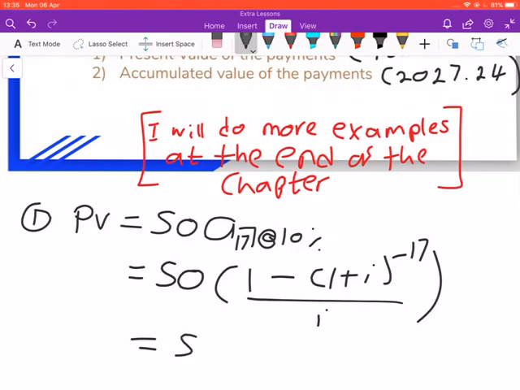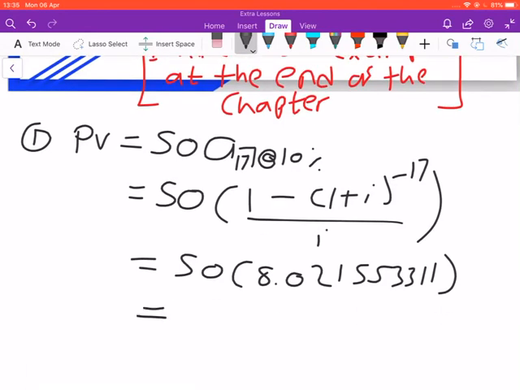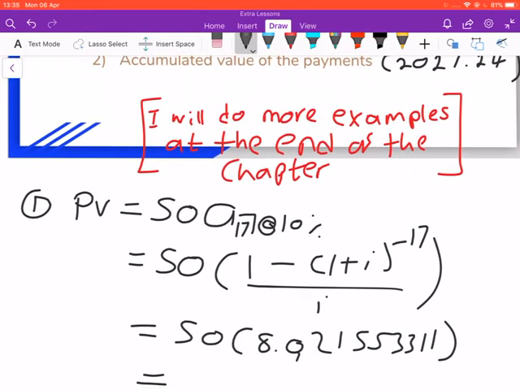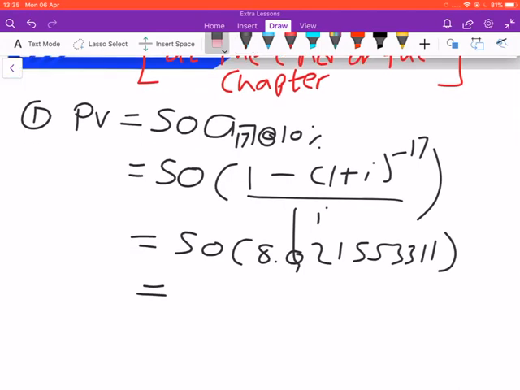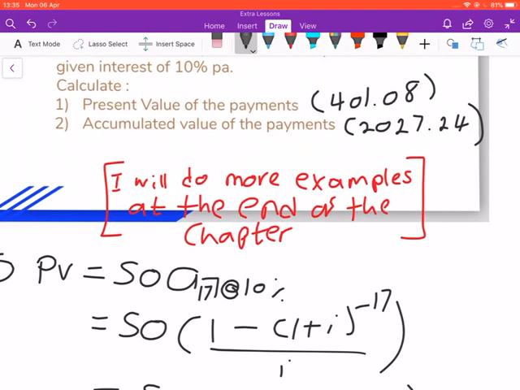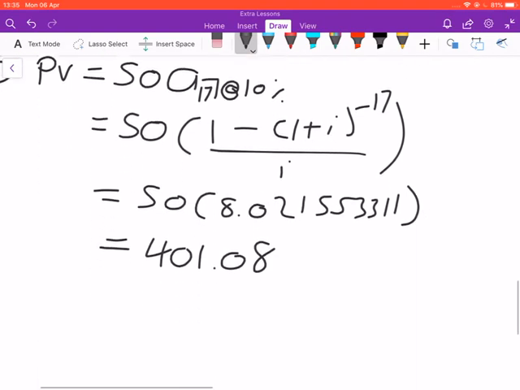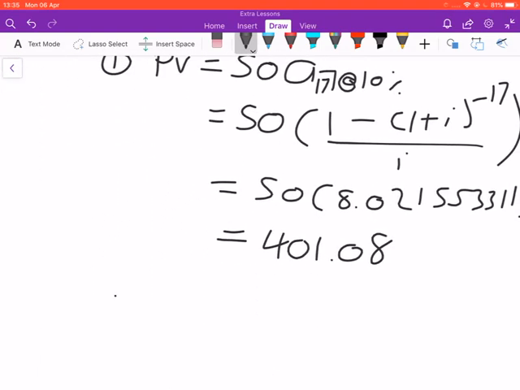You have 50 times 8.021553311, which will be equal to 401.08. There it is.